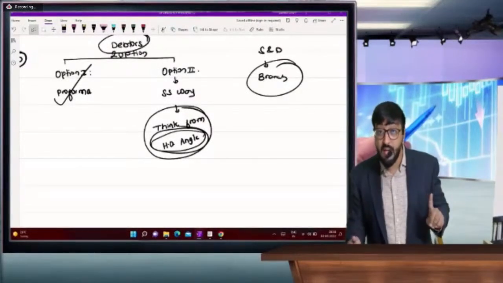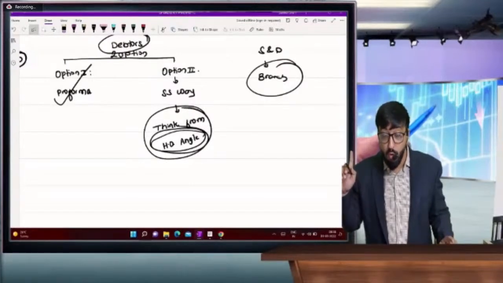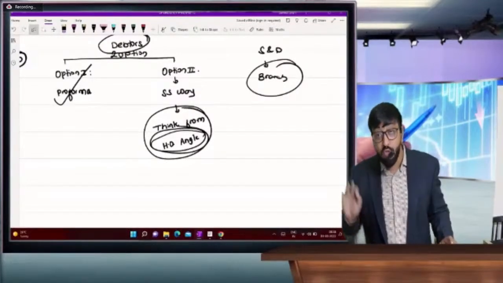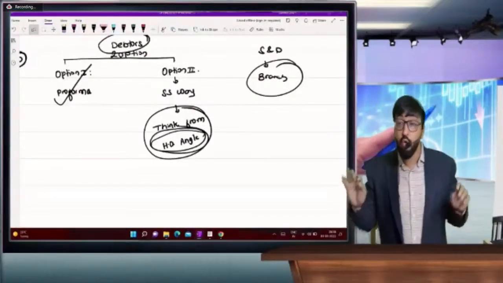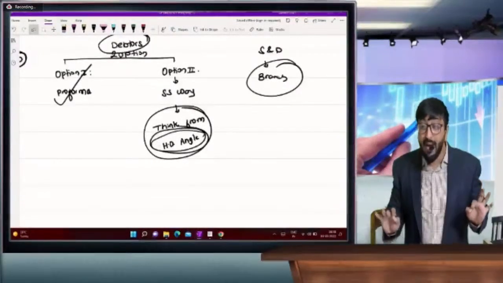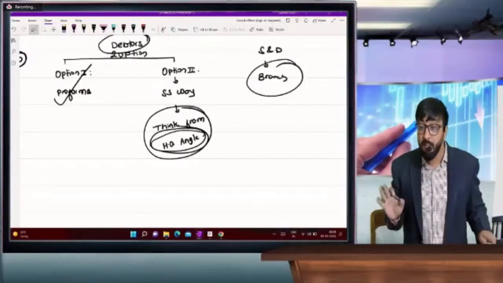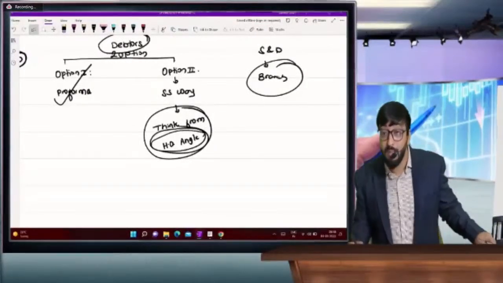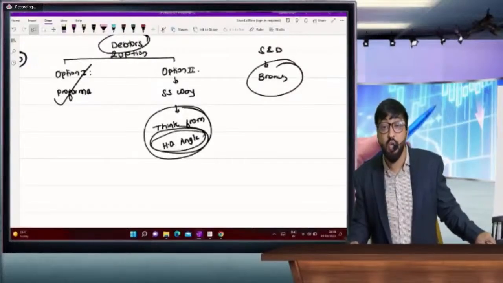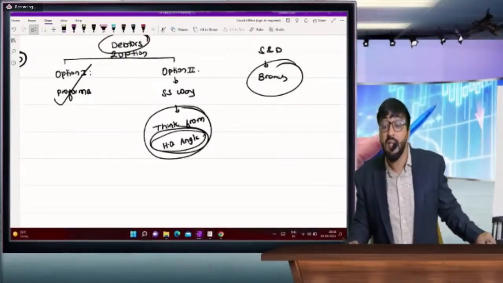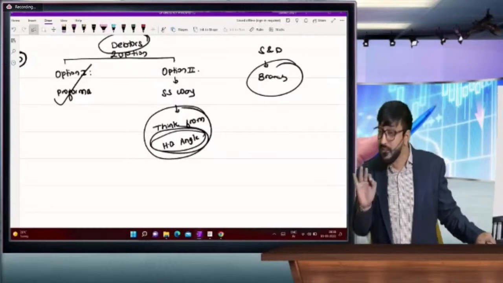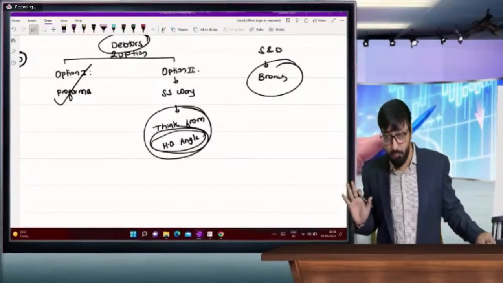Ultimately, books are prepared by HO. You don't want to learn the pro forma by heart, so I am giving you one technique: think from the HO angle in the debtors method, and in the stock and debtors method, think from the branch angle. This is only a shortcut that I'm giving you.